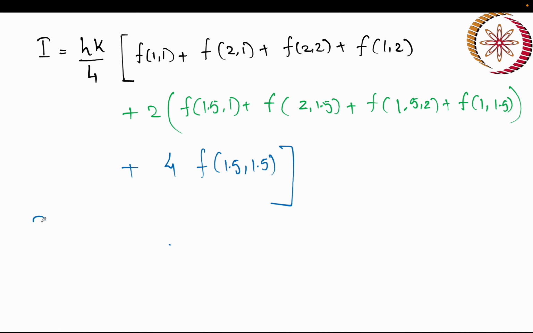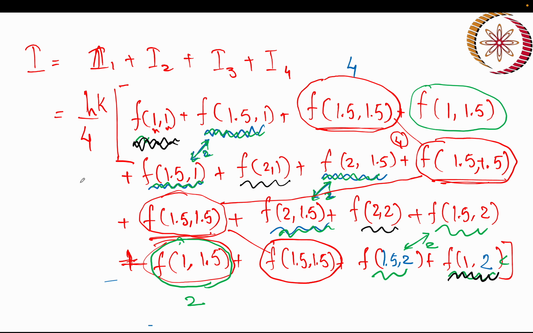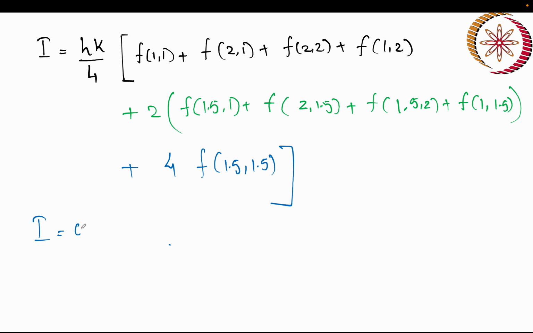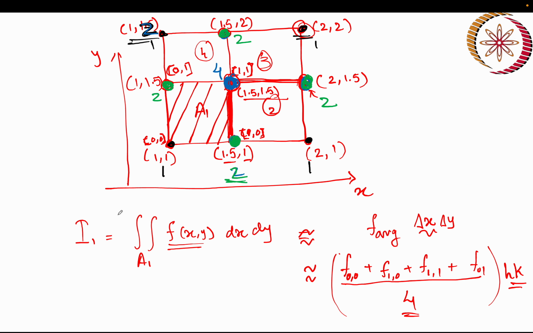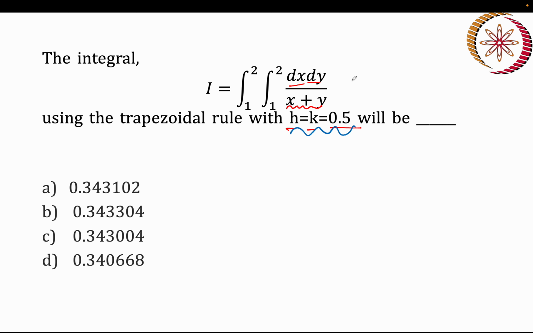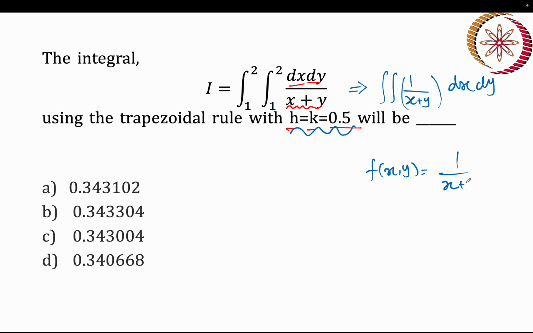So h and k both are 0.5, so 0.5 into 0.5, by 4 in bracket. The function we are integrating is 1 upon x plus y dx dy, and f of x comma y is nothing but 1 upon x plus y.